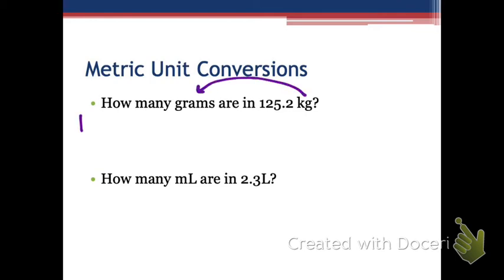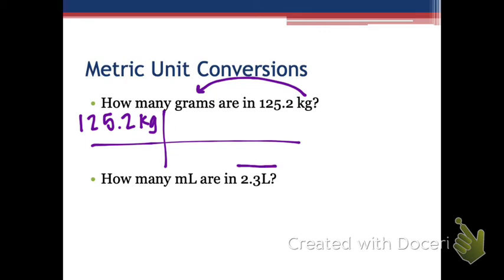So I'm going to start my chart with what I know, and I'm going to put my units in place first. What unit needs to go here? Kilograms, right? Because it needs to cancel. We always cancel diagonally down there. Okay, kilograms goes in. My goal is to get to grams, so that's what goes on the top.